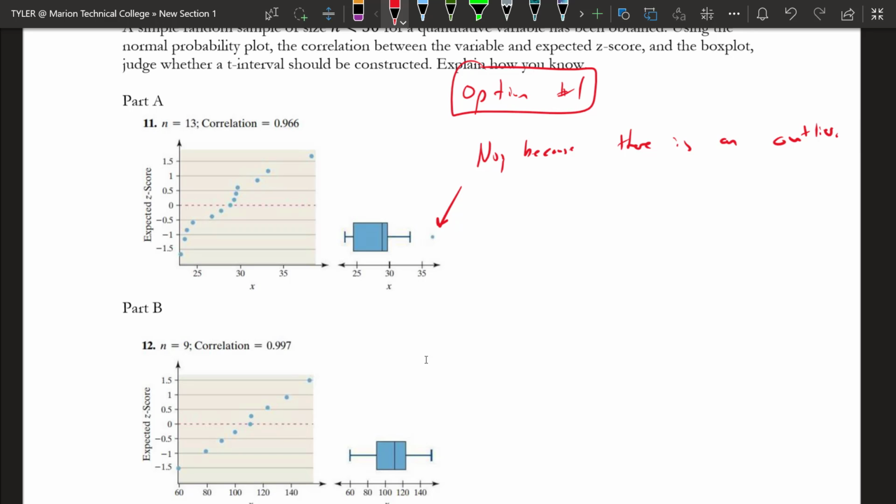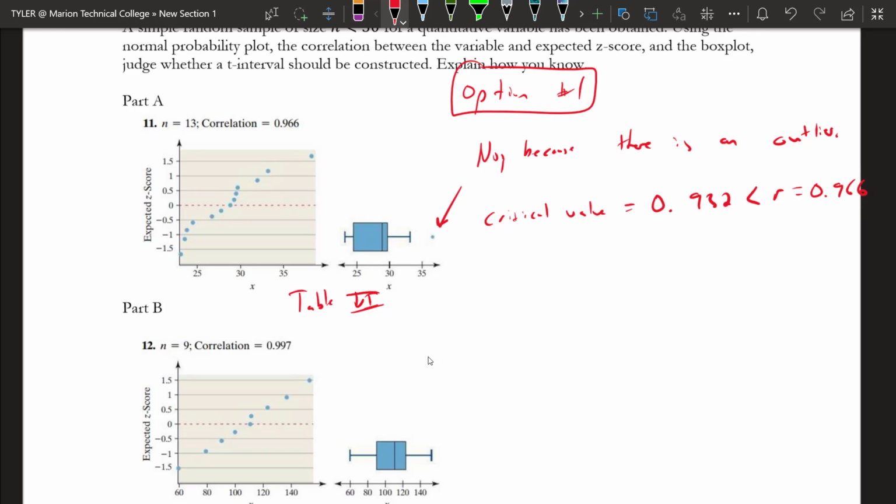However, if you wanted to look at the critical value, right? So in other words, when you're evaluating the normal probability plot, remember that you're going to use table 6 in the appendix, and you're going to look up a critical value, right? So you're going to look up n equals 13 and you get a critical value equal to 0.932, and this is less than r, which is 0.966, right?